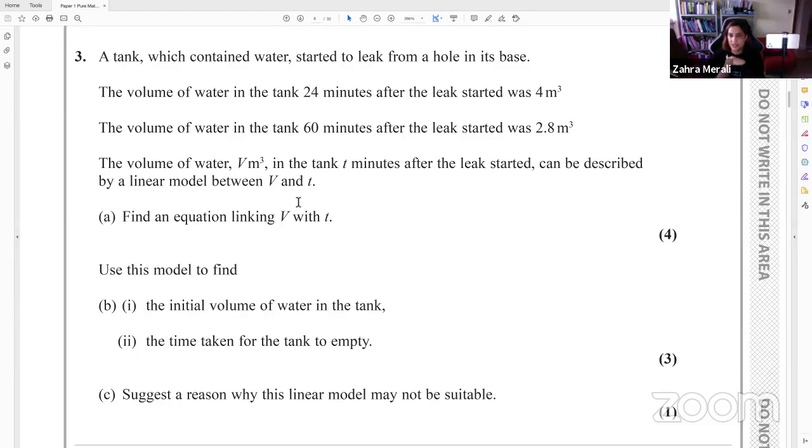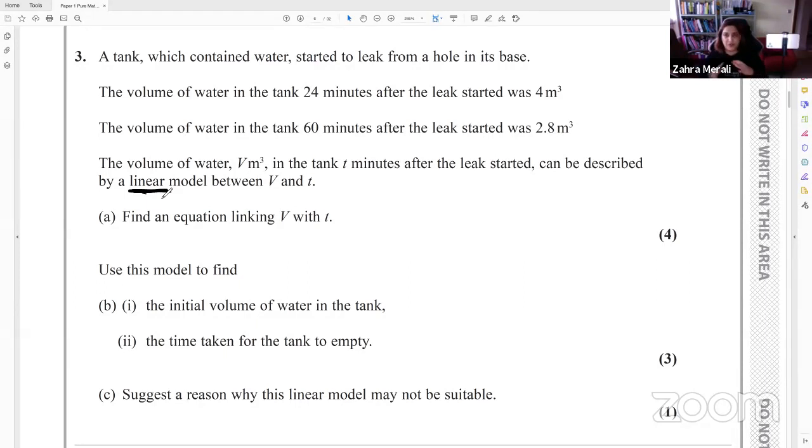The volume of water 60 minutes after it started was 2.8. The volume of water can be described, and here is where you come across your key word. The key word that you need here is the word linear. So it tells you here it's a linear model. Now, what do I mean by a linear model?